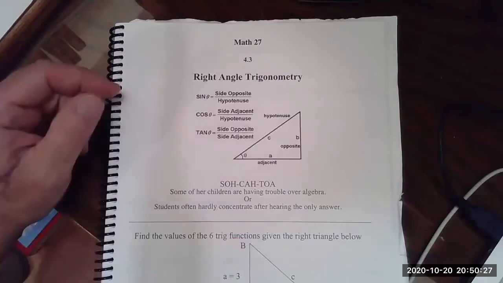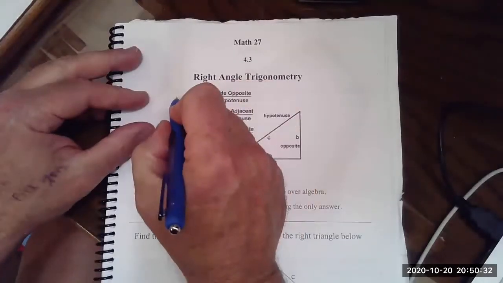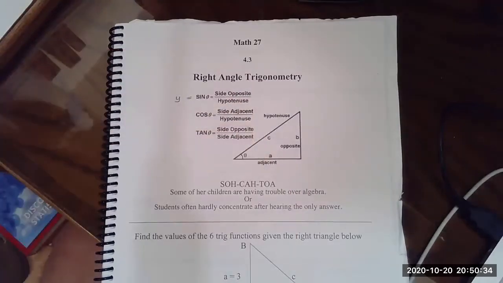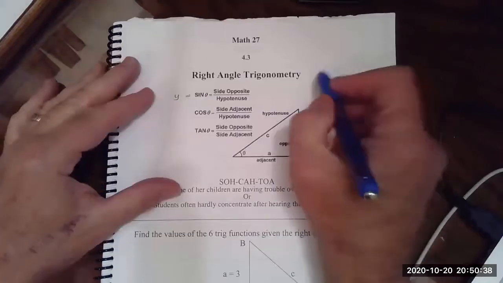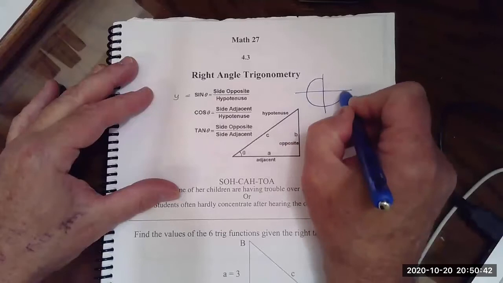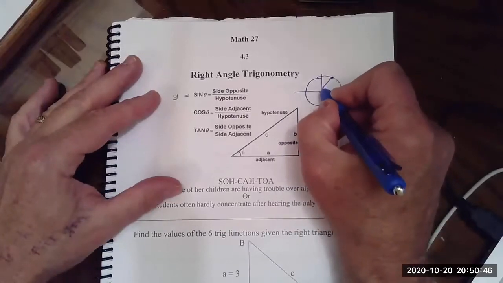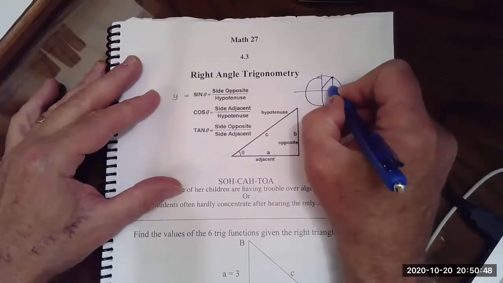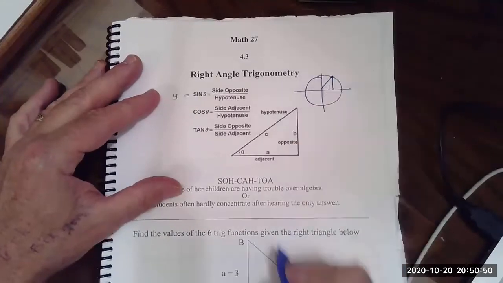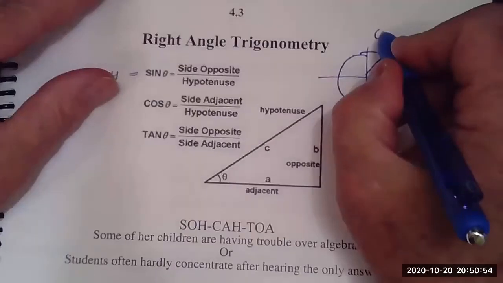We remember that if you're looking at ordered pairs on the unit circle, for instance, if you have a circle that looks like this, and let's say you had an ordered pair like this, that point would be x comma y.